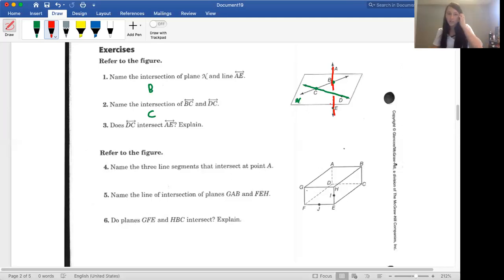So imagine if this was in real life and you're picturing it in your head. They don't intersect. So they do not.